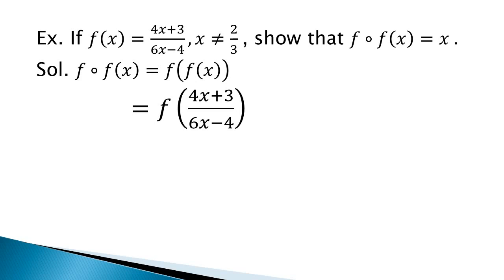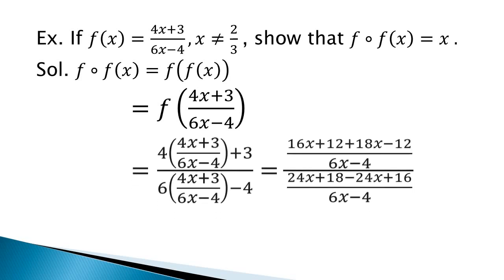Now again you have to consider the bracketed quantity as a single value and operate the function again. What is the rule of f(x)? You have to multiply the value inside the bracket by 4 plus 3, and that is in the numerator, and divide it by multiplying the same value by 6 minus 4. So if we do the same calculation, we get it like this.